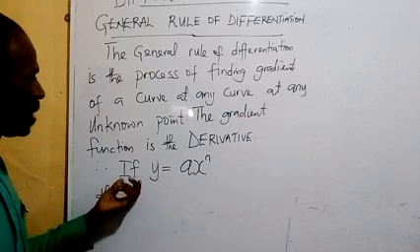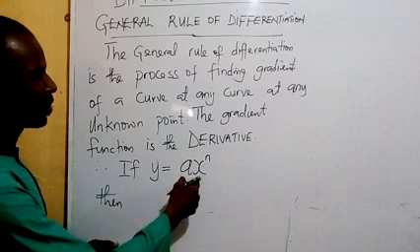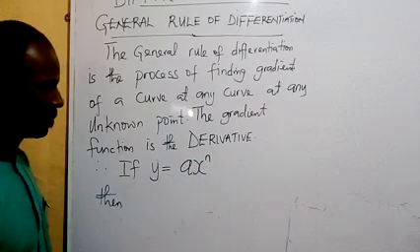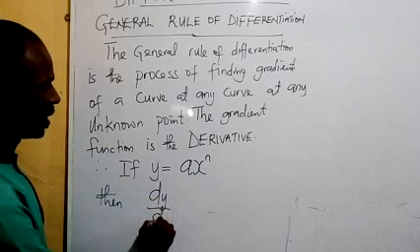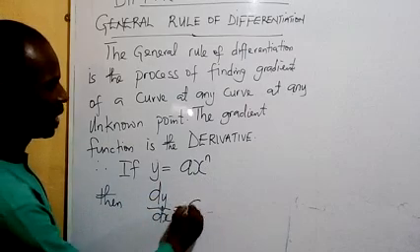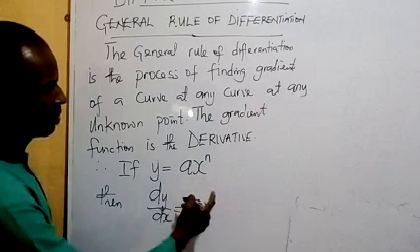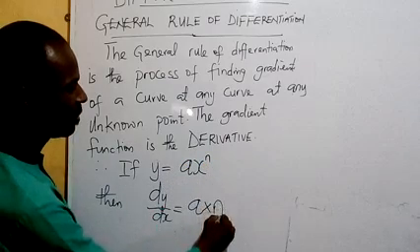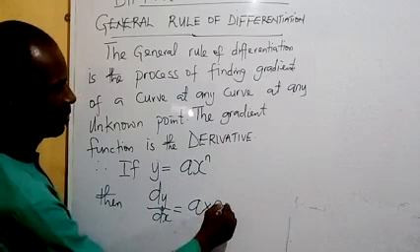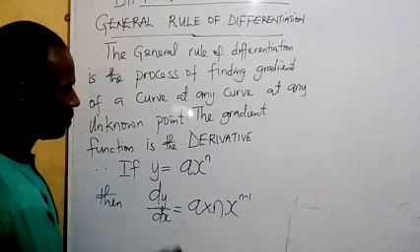Let's look at the general rule. For example, if y equals a x raised to power n, then dy/dx will be a multiplied by the power that comes down, which is n, times x raised to power n minus 1.